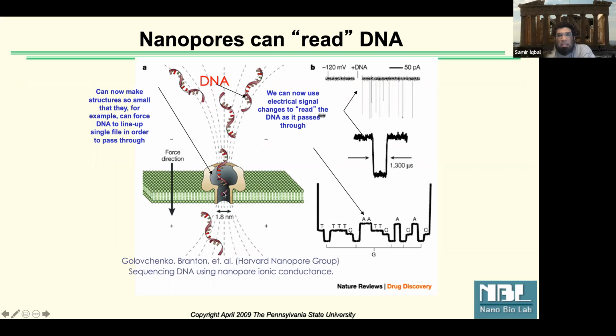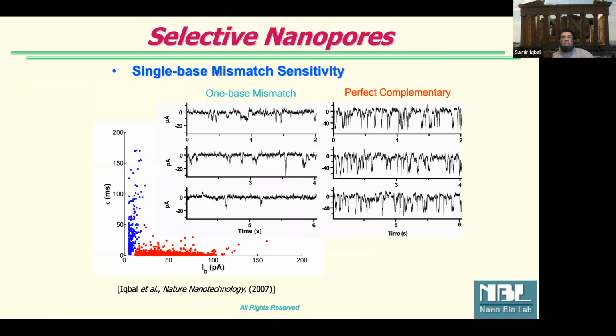So what we are doing is measuring the passage of one DNA molecule. And think about it, DNA is 2 nanometers wide, and a few bases long in this case, as much as they have designed it. But with this device, we can measure exactly one molecule. Here's another example from many years ago. We made a device which could measure a single base mismatch.